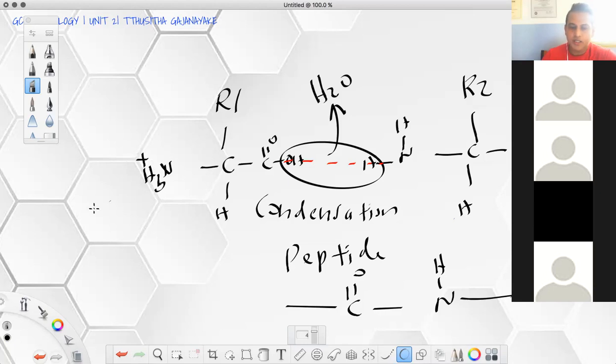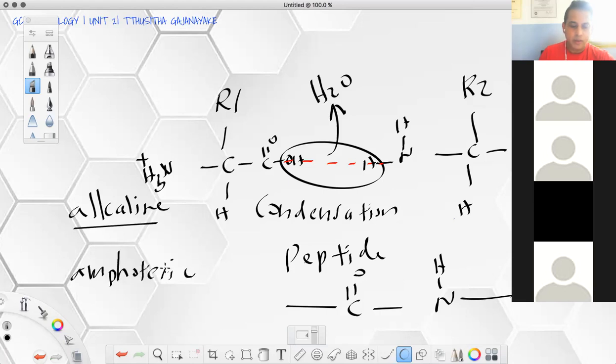This positive charge represents alkaline nature. So because of these two different groups, proteins can have both alkaline and acidic nature. Such molecules are called amphoteric. So it has both acidic and alkaline nature.